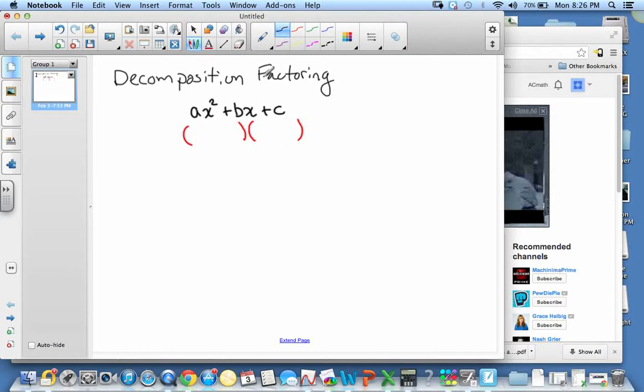Now, decomposition is a method where, for this easy, straightforward example that we've looked at before, decomposition looks at two things. It looks at a product, and it looks at a sum. The product is literally the coefficient in front of the x squared part, the a constant. In this case, we've got a hidden 1 out here.